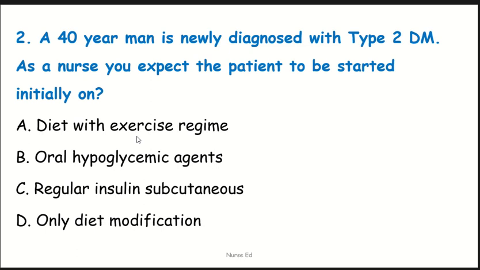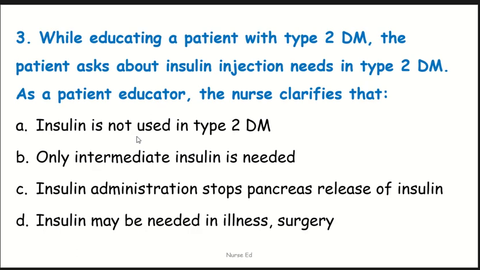Option D, only diet modification. And it's type 2 DM, and the answer is option A, diet with exercise regime. The main problem of type 2 DM is tissue resistance to insulin, and it is ideally overcome by doing exercise. Also, modifying diet is of help.